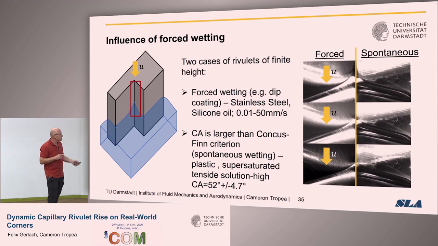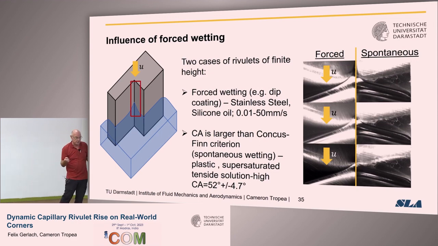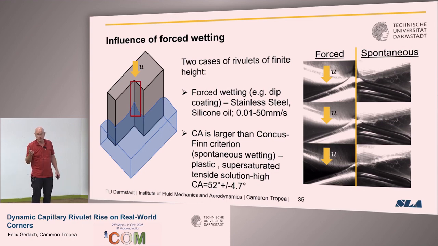That's what we call spontaneous finite height, and this is the forced wetting finite height. So you have two situations where a rivulet doesn't go to infinity, and we can look at both, and the model that I'm going to show you actually encompasses both cases at once.